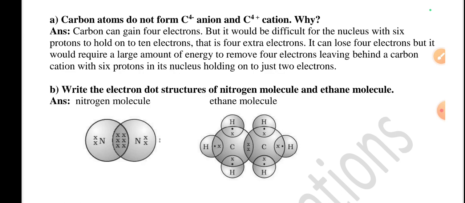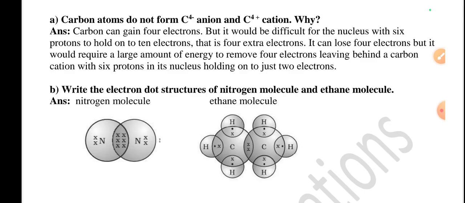Okay, then it can lose 4 electrons, but it would require a larger amount of energy to remove 4 electrons, leaving behind a carbon cation with 6 protons in its nucleus, but holding on to just 2 electrons. That's why this is also not possible. That's why C4 minus and C4 plus carbon will not form. It will not form cations also. It will not form anions also.